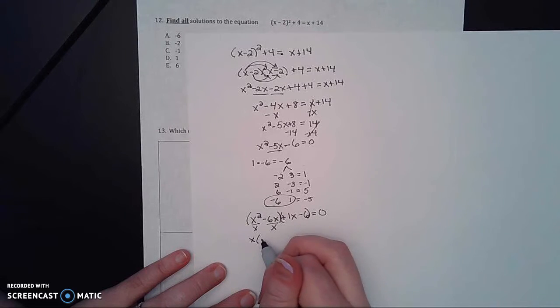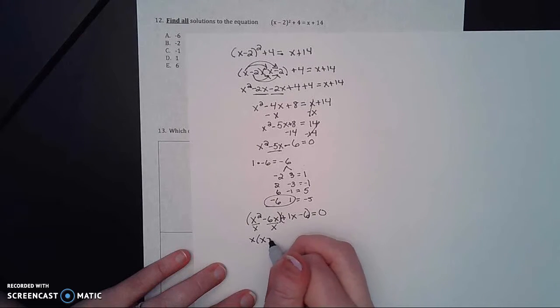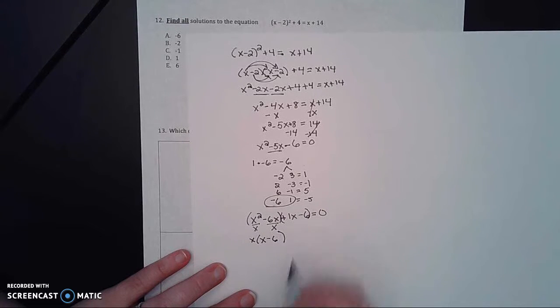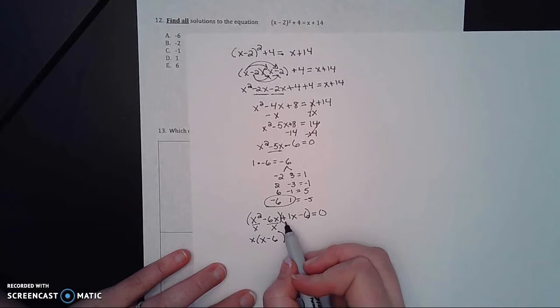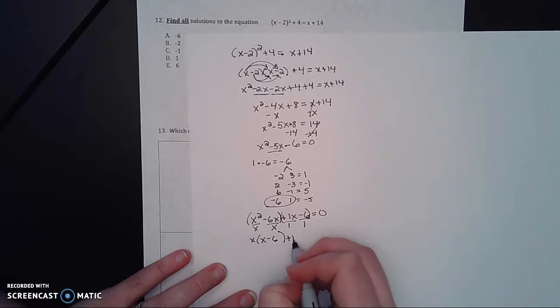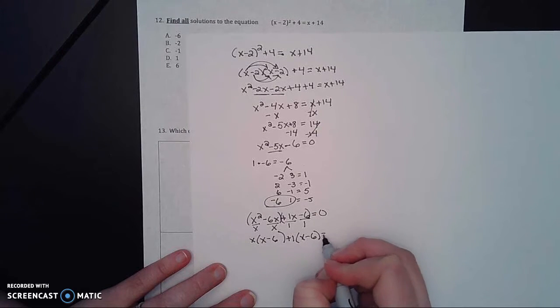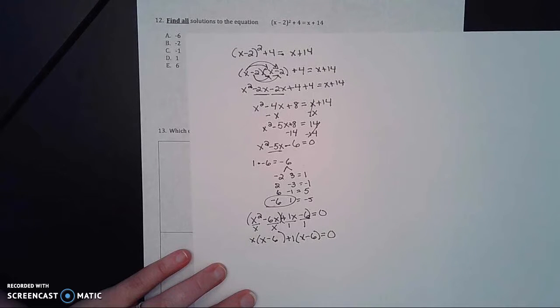X squared divided by x is x. Negative 6x divided by x is negative 6. I can take a positive 1 out of both of those, leaving x minus 6 on the inside there. X minus 6 is on the inside of both. Perfect. Those are my greatest common factors.